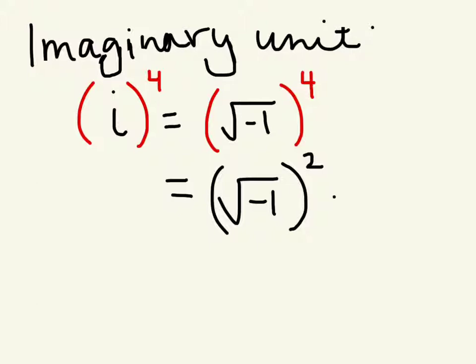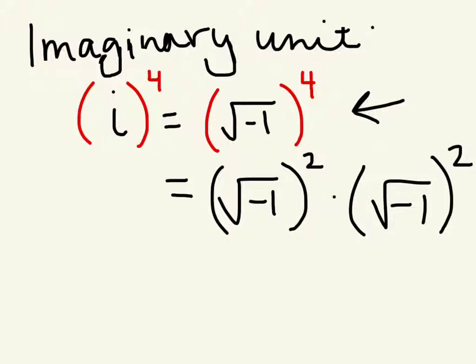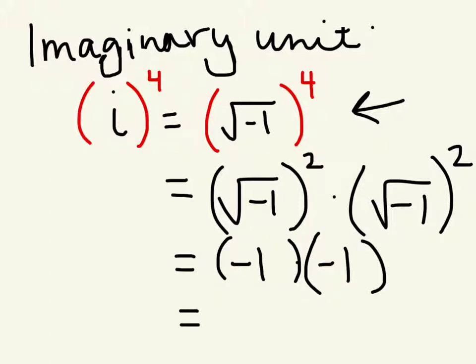I'm going to separate my expression, the square root of negative 1 raised to the fourth, into this square root of negative 1 raised to the 2, again, times the square root of negative 1 raised to the 2. Because I know that the square root of negative 1 squared is equal to negative 1, and I know that the square root of negative 1 squared is equal to negative 1 again. When I multiply negative 1 to negative 1, I get a product of positive 1.